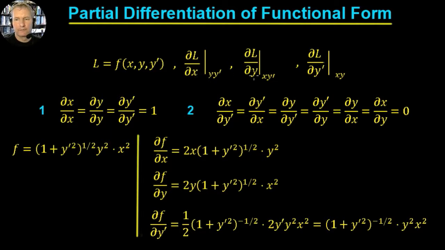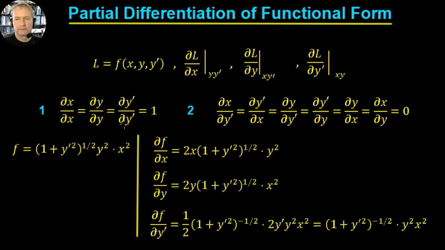Similarly, we've got another 3 for this: partial x by partial y, partial y by partial y, and partial y derivative by partial y. And finally we would have our partial x by partial y derivative, partial y by partial y derivative, and partial y derivative by partial y derivative. So that's our 9 values there. So we'll have our first 3 here, and here's another 6.